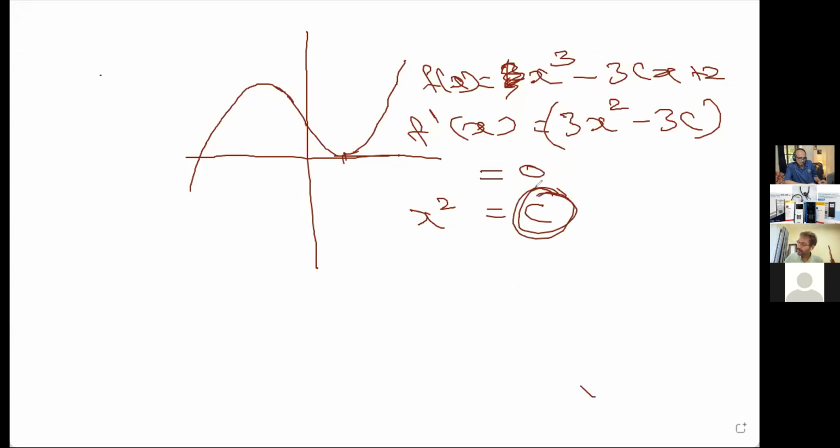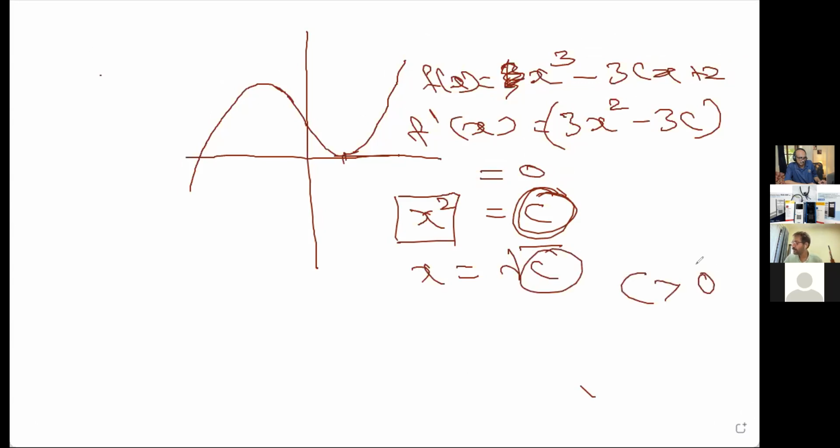It means c is a real number, and when you square a real number, it should exist. So x is the square root of c. So the condition is c should be more than 0. Simple. This is a 2 marks question, so we don't have to think much on this. So c is more than 0.